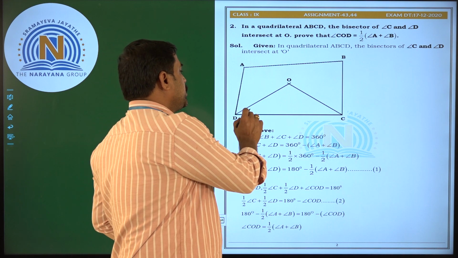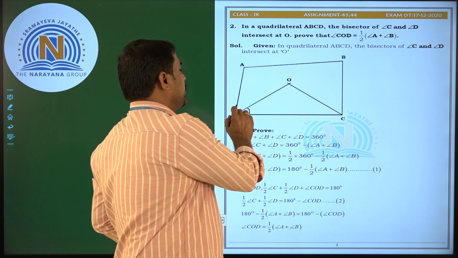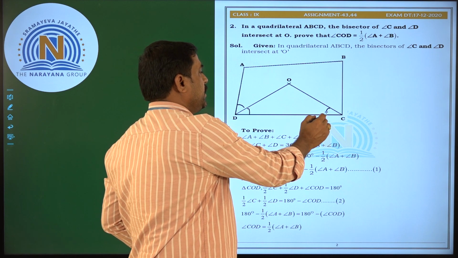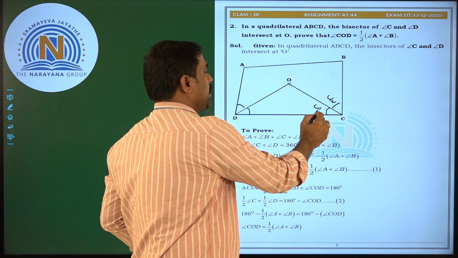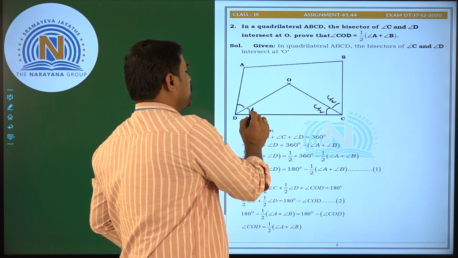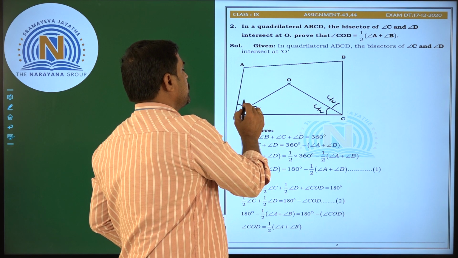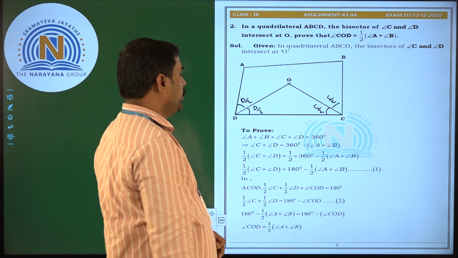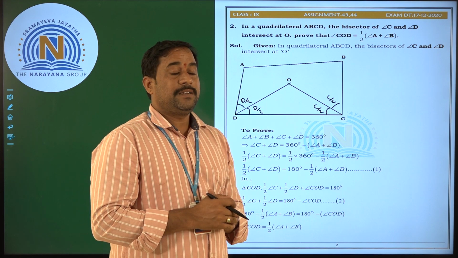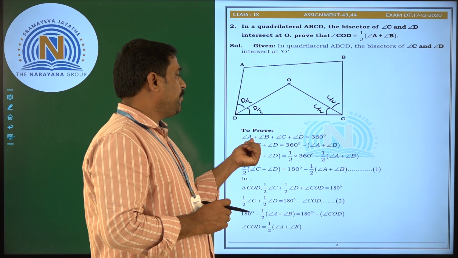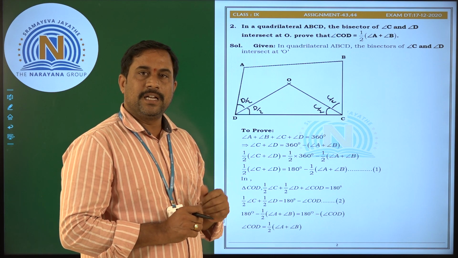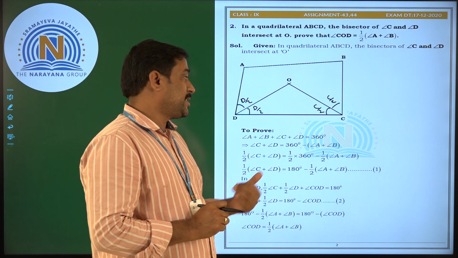So here, this angle and this angle are both equal, each C by 2. This is also C by 2. This is D by 2, and this is also D by 2. Now we know the sum of the angles of a quadrilateral: angle A plus angle B plus angle C plus angle D is equal to 360 degrees.